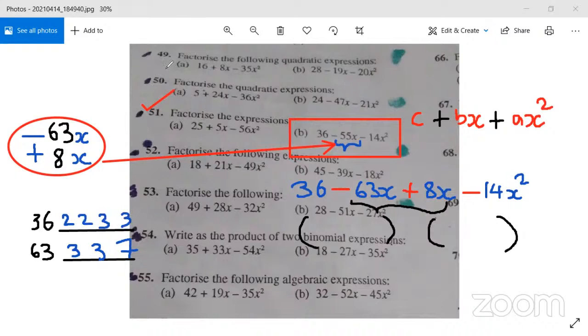So now it's been made very clear. So that's our HCF, 3 by 3. So our HCF will be 9.